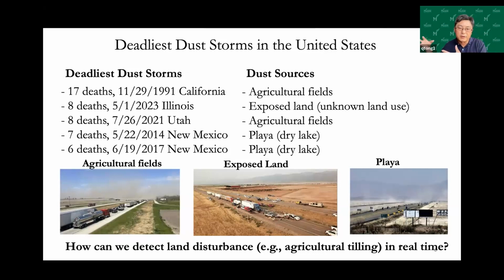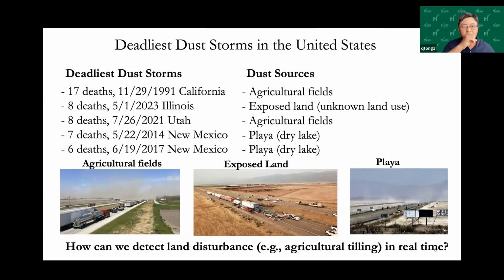So once farmers till the land and there's a strong wind coming in, they generate a dust storm. The people in that region are not educated about the risk of dust storms, and they don't know how to deal with this. So 8 people were killed by that dust storm, 37 were hospitalized, and 72 cars piled up in a single accident.